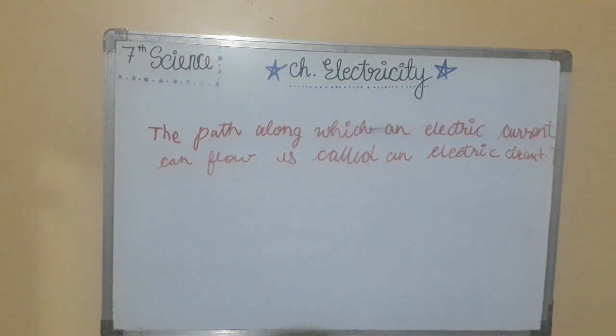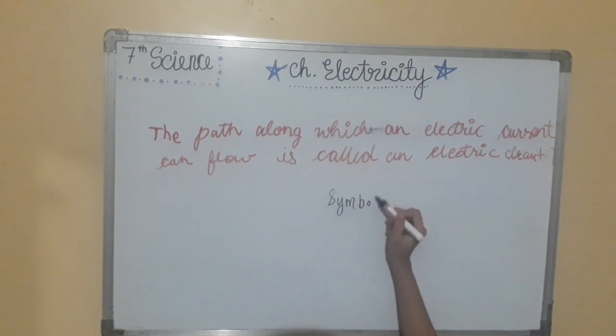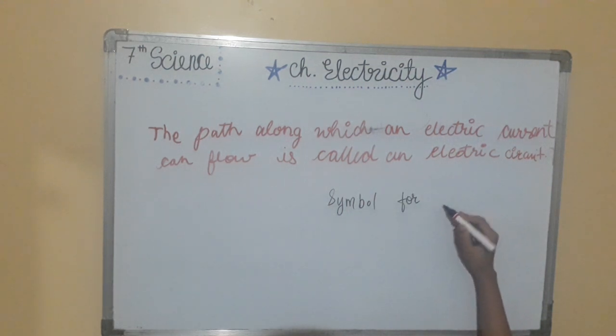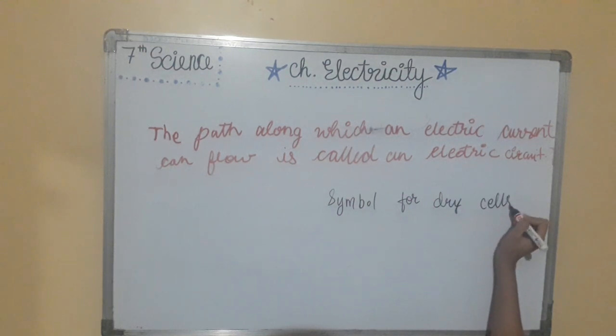Now, symbols for dry cells. The long line represents the positive terminal. This is the symbol for dry cells.